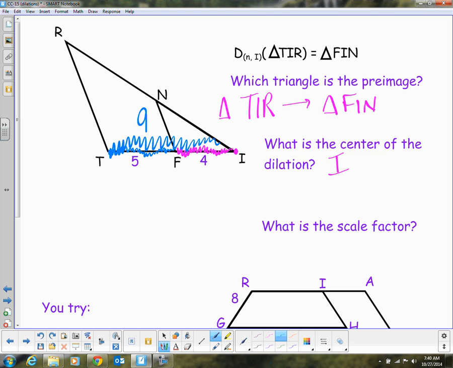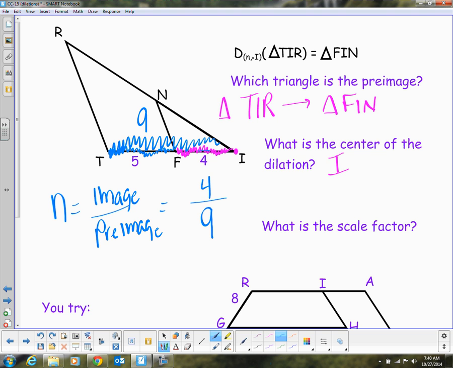What's the whole length of the pre-image? 9. So if you're going to go for scale factor, it's image over the pre-image. So it's going to be 4 because that is the side of my image. Not to 5, but to what? 9. So this is a reduction.